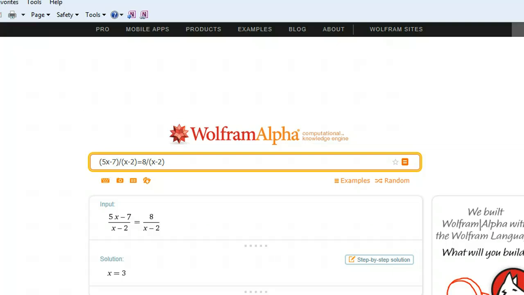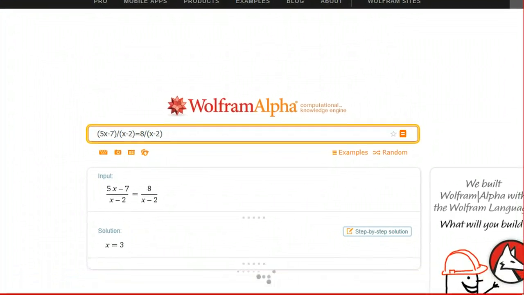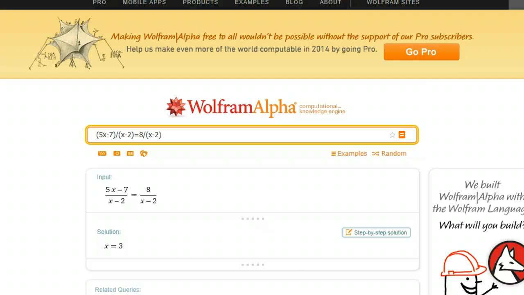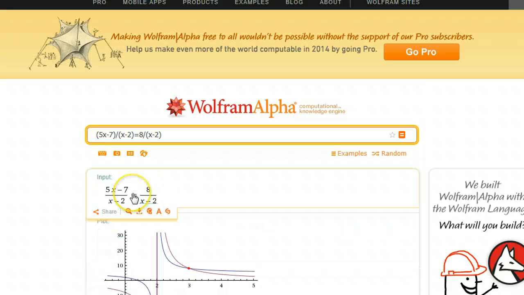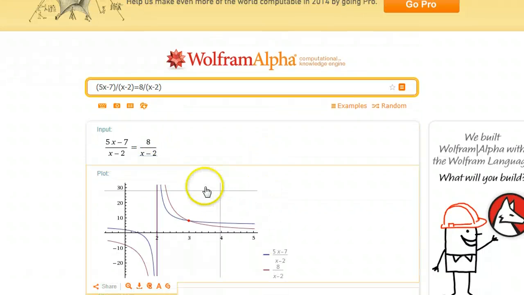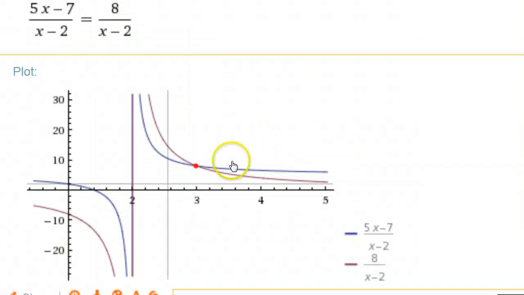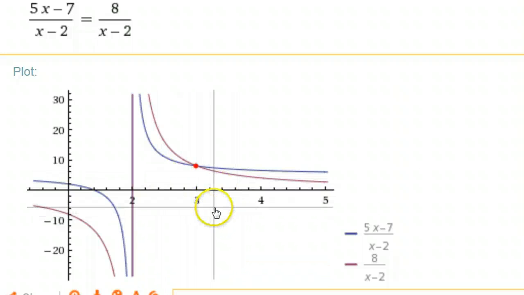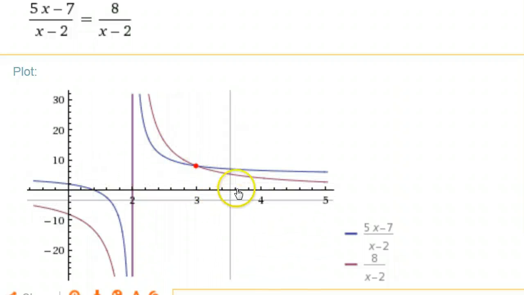I'm hitting enter, it's thinking. Alright, let me come down a little lower. So real quick, right around here, Wolfram Alpha shows you what it thinks you mean. So you can just verify that, yeah, that's what I wanted. And so here's a nice little picture that you could copy from, because you're supposed to draw the picture, you could draw your picture from here.